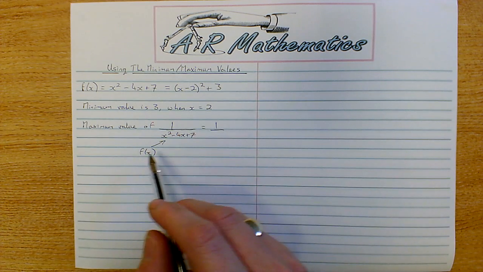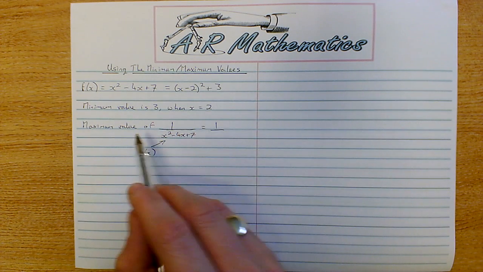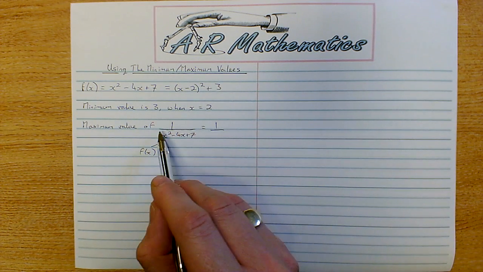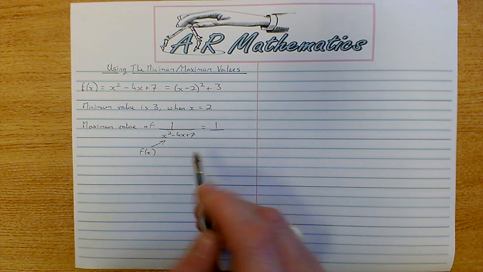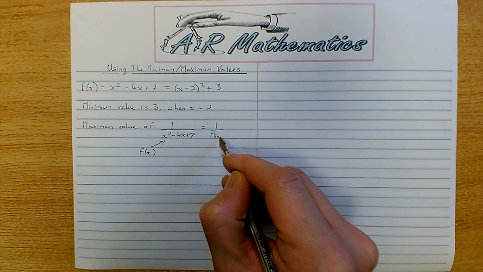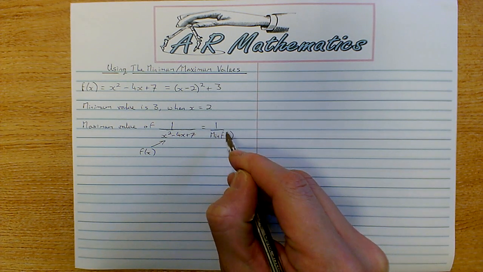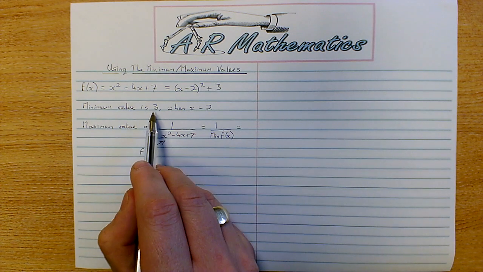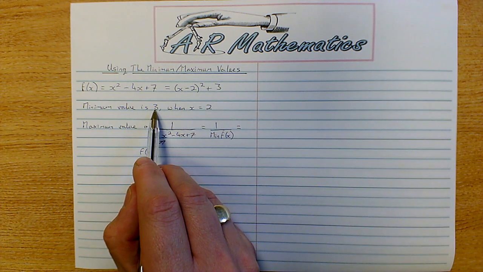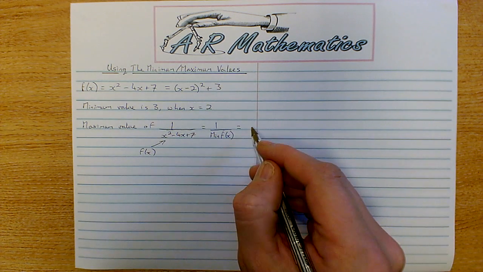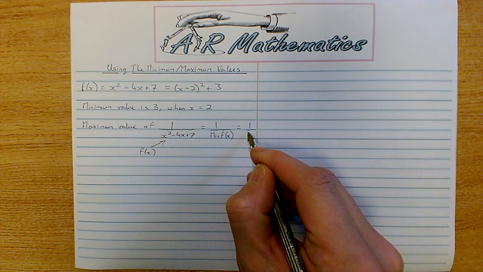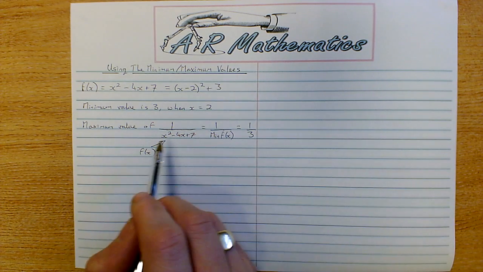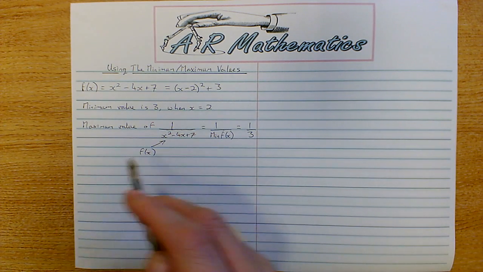Now, if I want to find the maximum value of a fraction, I want to be dividing by the smallest possible answer. So I want it to be divided by the minimum value of my function of x. Now fortunately I found the minimum value from the previous video, that the minimum value is 3, so this is now 1 over 3. So 1 over 3 is the maximum value of this fraction.